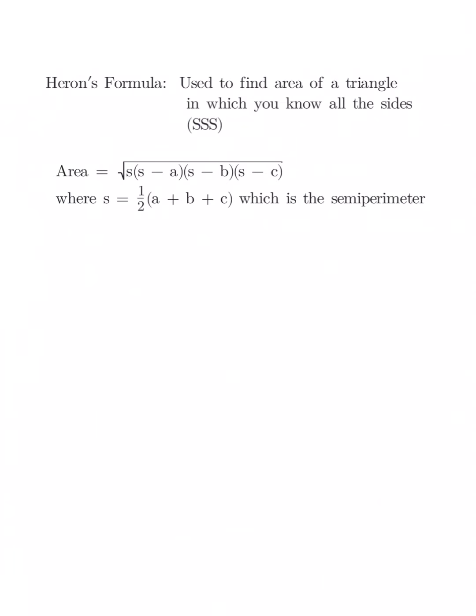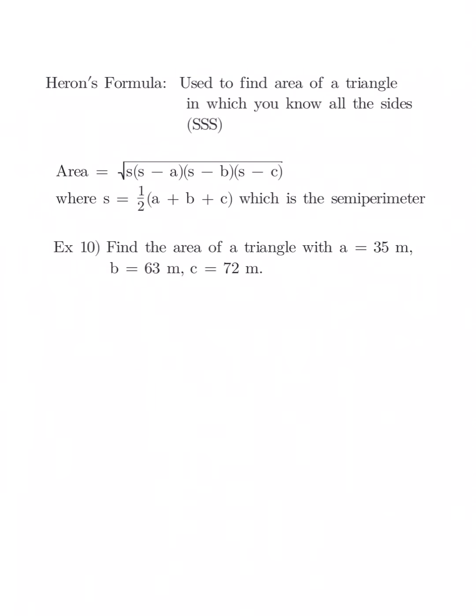Heron's formula says that the area equals the square root of S times the quantity S minus A times the quantity S minus B times the quantity S minus C. In that area formula, A, B, and C are your side lengths. S stands for semi-perimeter. And to find the semi-perimeter, you add the 3 side lengths and take it times 1/2.